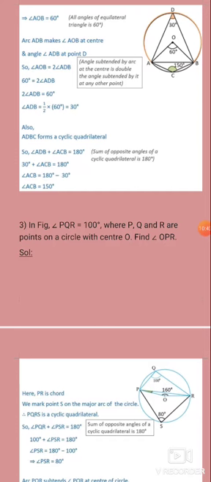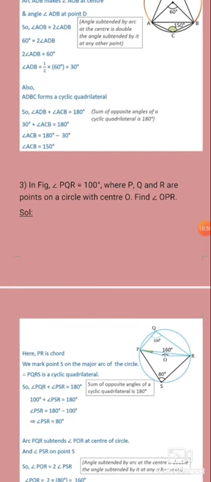Now PQR is how many degrees? 100 plus angle PSR is equal to 180 degrees. So angle PSR is 180 minus 100, which is 80 degrees. Now arc PQR subtends angle POR at the center of the circle and PSR on the remaining portion of the circle, that is at point S. So angle POR is equal to twice angle PSR.